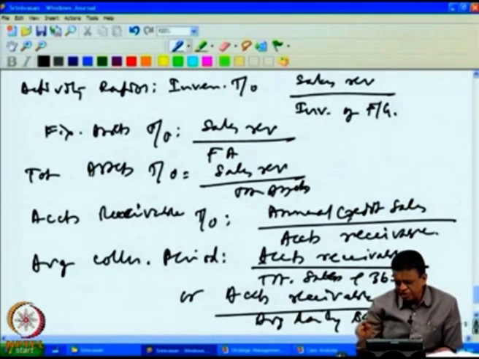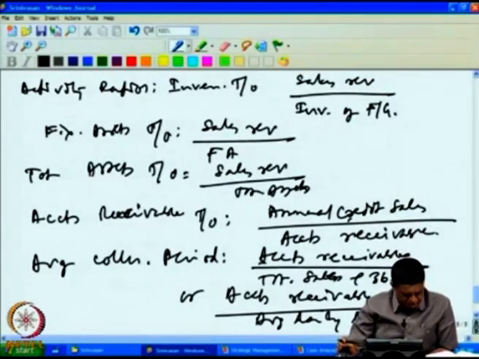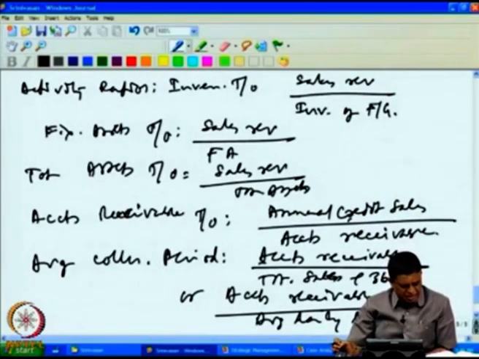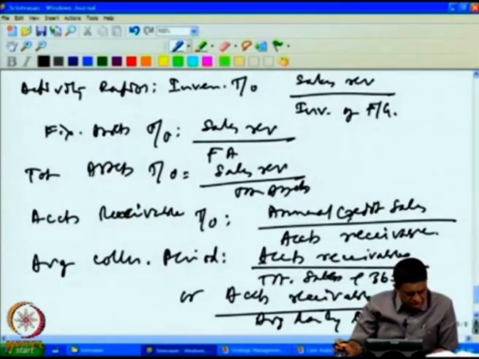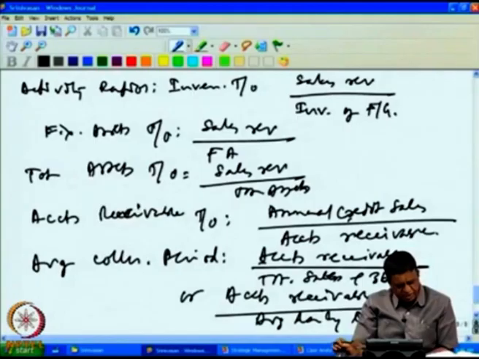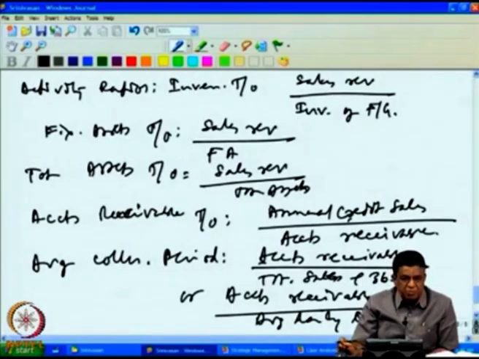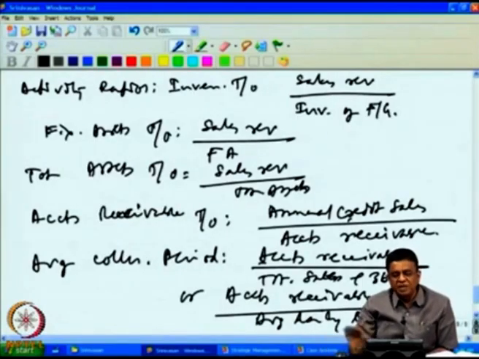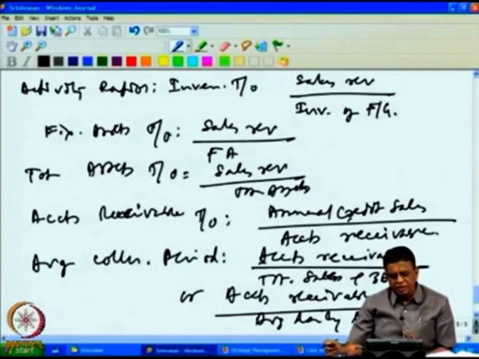This is the other method of calculating this. What does it give you? It indicates the average length of time the firm must wait after making a sale before it receives payment. So, what is the track record of the firm in getting this money? That is the average collection period.